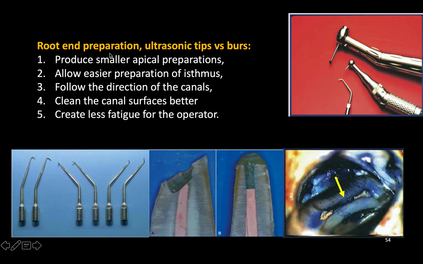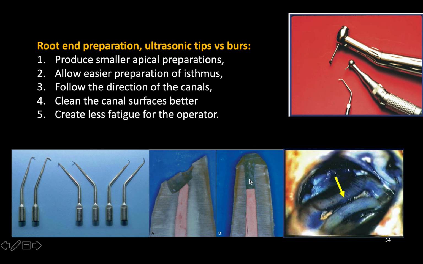So if you compare the root end preparation using ultrasonic tips versus preparation using burrs, ultrasonic tips will produce a smaller apical preparation, so no need to cut excessive amounts of dentine. Ultrasonic tips will give us easier preparation of isthmuses. Also, we are able to follow the direction of the canal in a better way, so we don't need to cut dentine from everywhere.